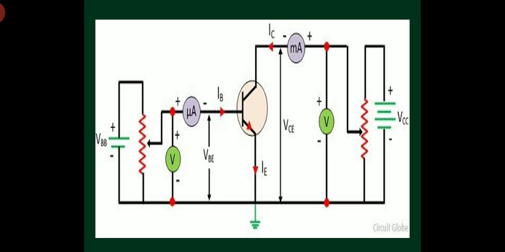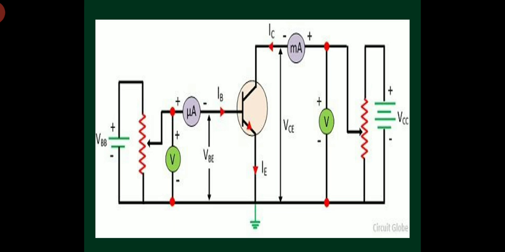So, input characteristics. What are input characteristics? Input characteristics describe the relationship between input current and input voltage. Input characteristics are always drawn between input voltage versus input current by keeping the output voltage constant at different levels, irrespective of the type of configuration, whether it is common emitter, common base, or common collector.